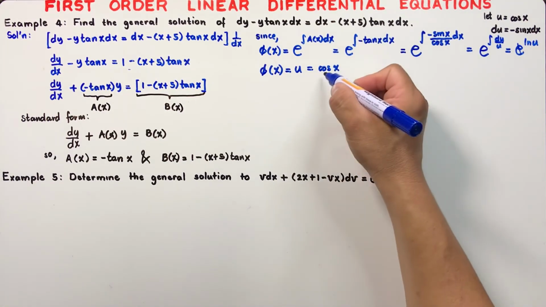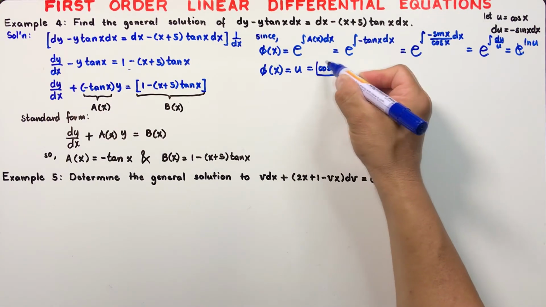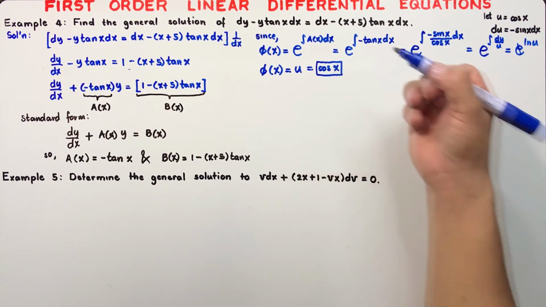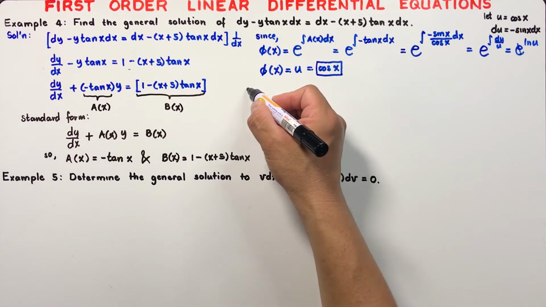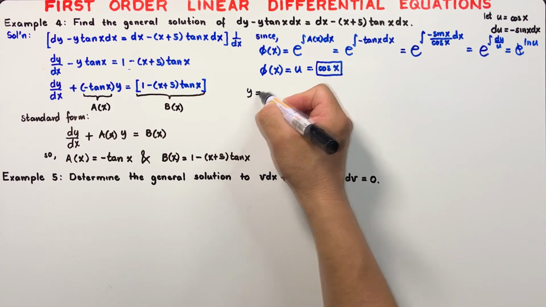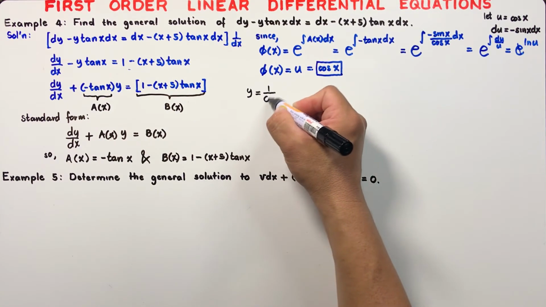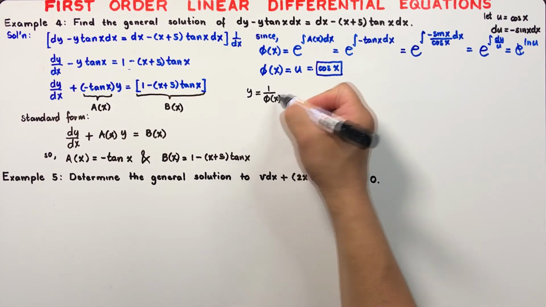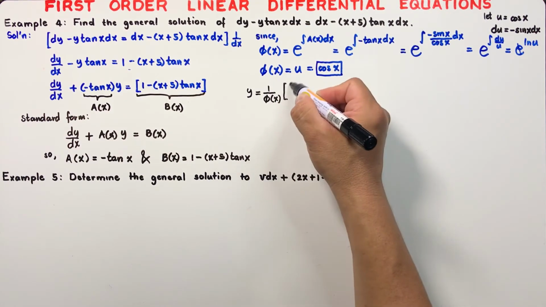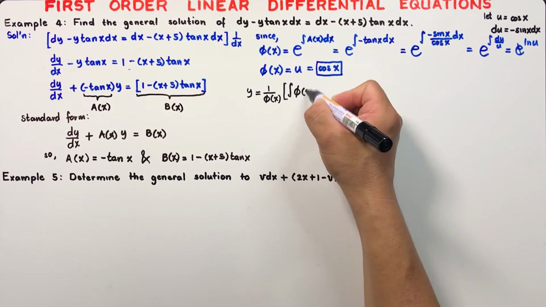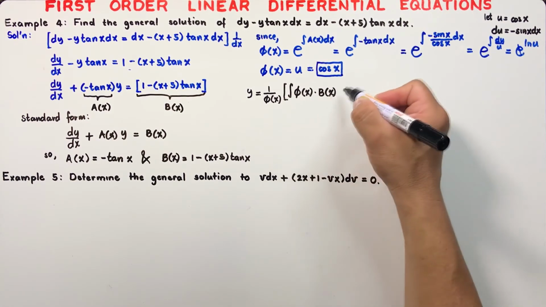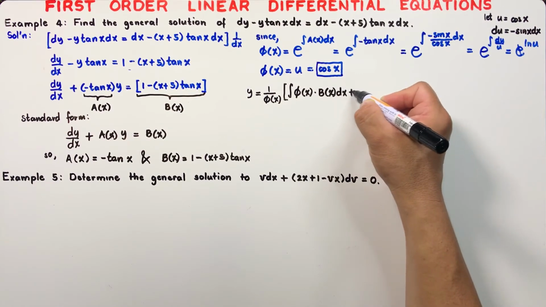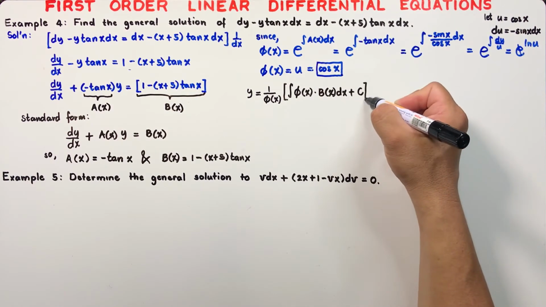So therefore, our phi of x is just cosine x. And that is our integrating factor. Then therefore, our solution function, which is 1 over the phi of x times the quantity of the integral of phi of x times the b of x dx plus the constant of integration c there.